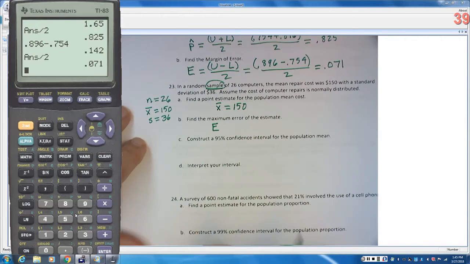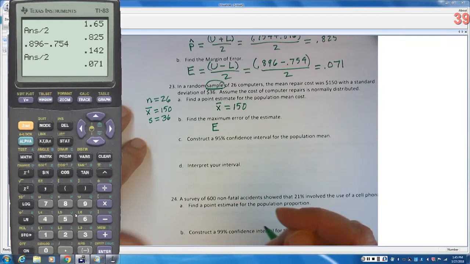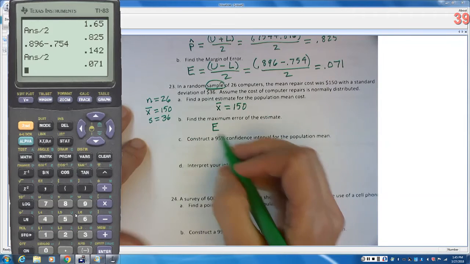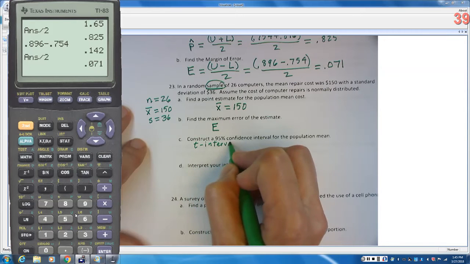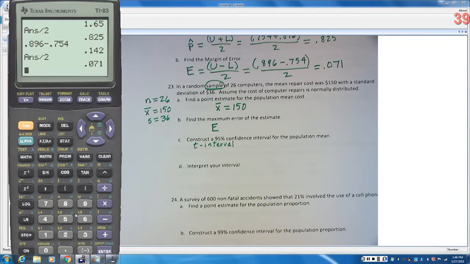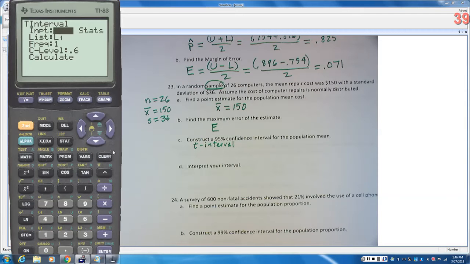Find your 95%. So this is a confidence interval on a mean. We don't know sigma, we only know S, so we do a T interval. So you go in and put these in your T interval. We have statistics now and not data, so we select that.